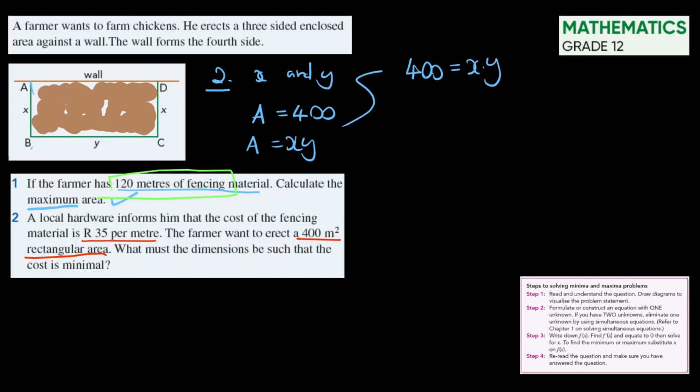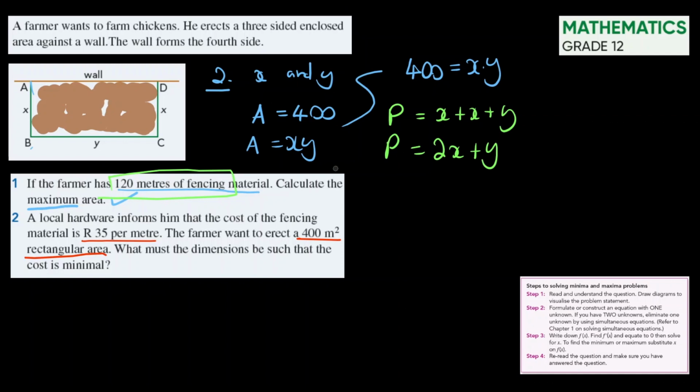That's what we know. But when they mention dimensions, what is that? Dimension is x and y. So remember our perimeter, P is equal to 2x plus y.